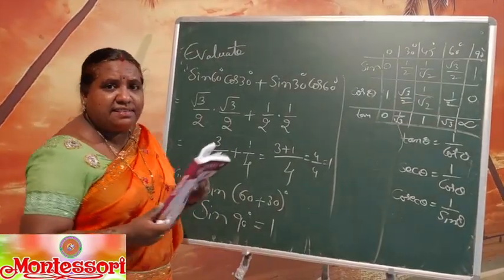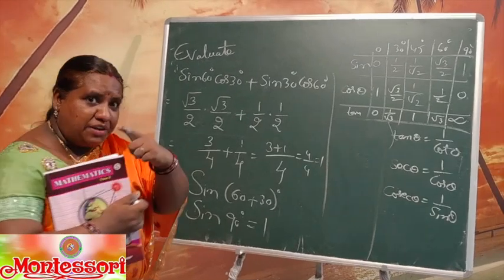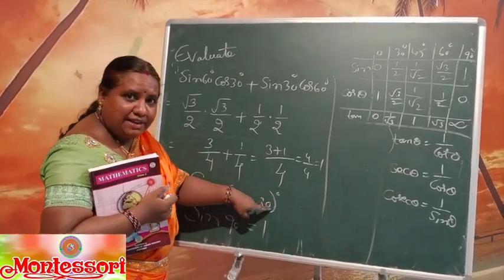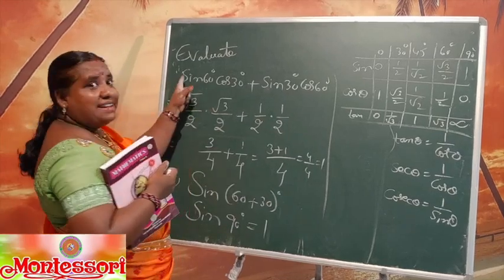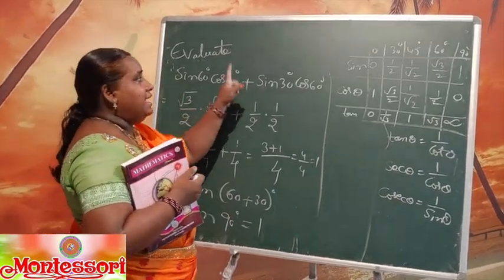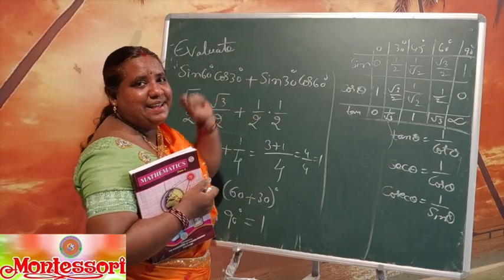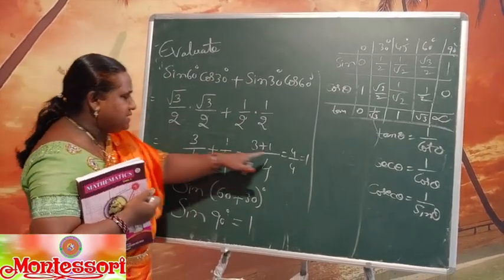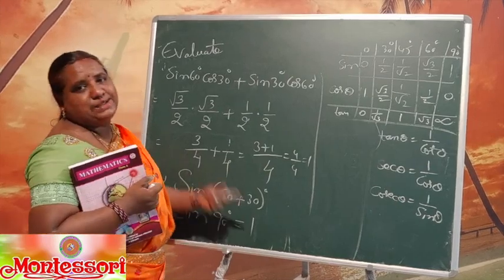So you can observe one thing here. Sin 60 plus 30 is equal to sin 60 cos 30 plus sin 30 cos 60. To prove that they give separately, and we got LHS equal to 1 and RHS also 1.